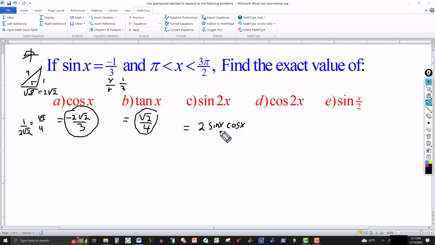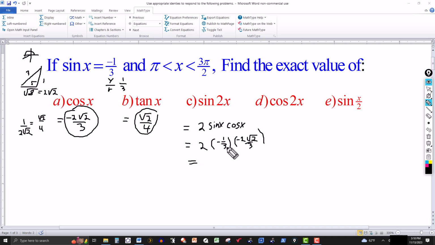Now I have the function in terms of x instead of 2x. So now I can just use information I've already derived. We know the sine of x is negative 1/3, and we just found the cosine of x in part 1. So this would be negative 2 square root of 2 over 3. And then we just simplify this.